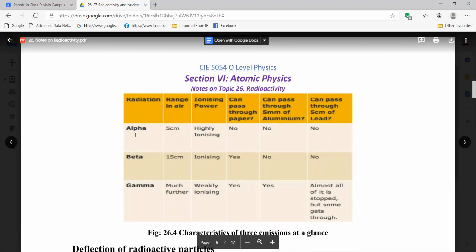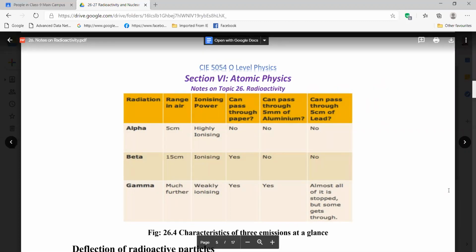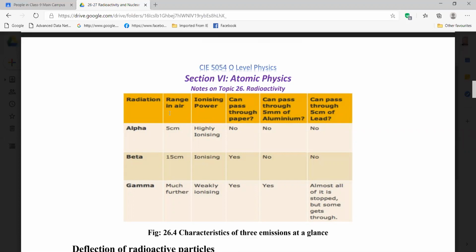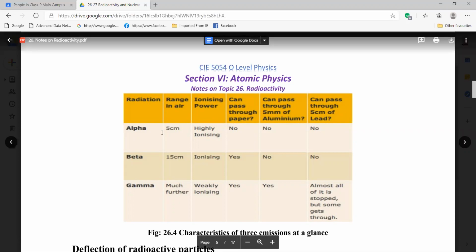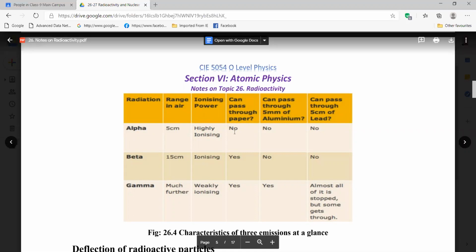This one is giving you the idea at a glance notes, that the properties or the characteristics of alpha, beta, and gamma you are getting in a small space. Okay, so can you read this part? Range in air is given, ionizing power. Can you continue this reading?